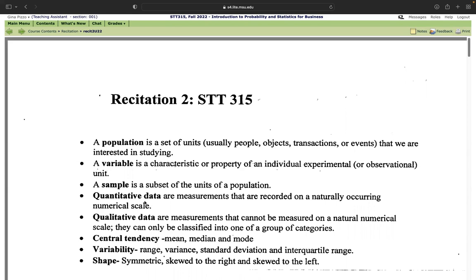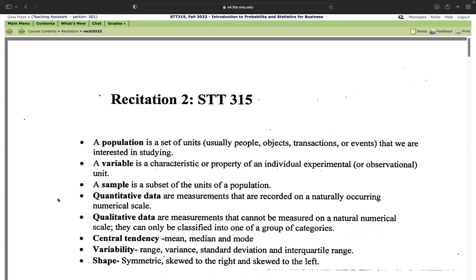Quantitative data are measurements that are recorded on a naturally occurring numerical scale, and qualitative data are measurements that cannot be measured on a natural numerical scale. They can only be classified into one of a group of categories. For example, weight would be quantitative data because there's a numerical scale.